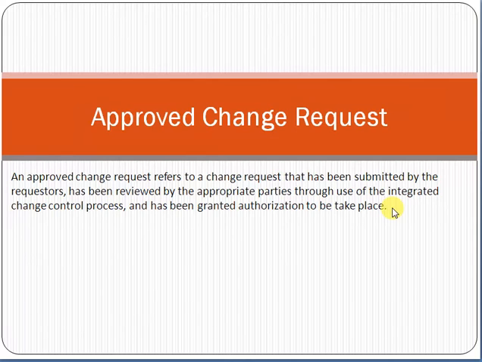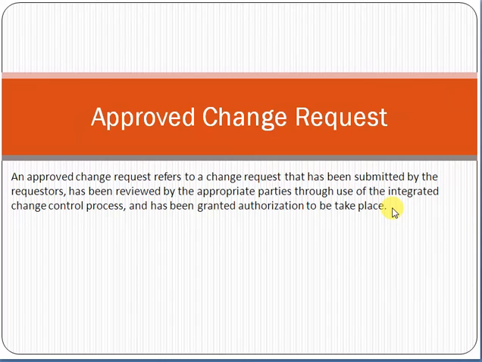Baseline means performance indicator, the factor through which you evaluate and measure your performance in terms of cost, in terms of schedule, and in terms of scope as well. So the baseline concept is used to measure the performance of your project.